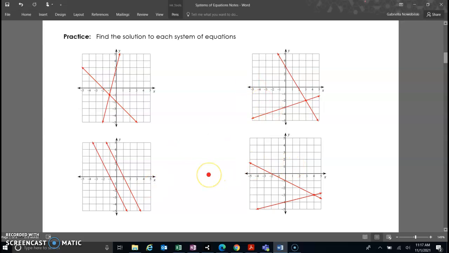First, tell me if it's one solution, no solution, or infinitely many, based on the lines you see. And then if it's one solution, please tell me the coordinates of that point. I will pause here, but you can also pause for however long you need to try these out, and then you can check your answers with me. I'll just stop for like 10 or 15 seconds, and just resume whenever you're ready to go over them.